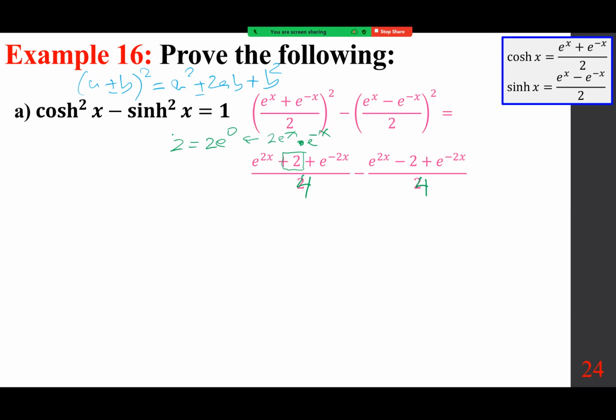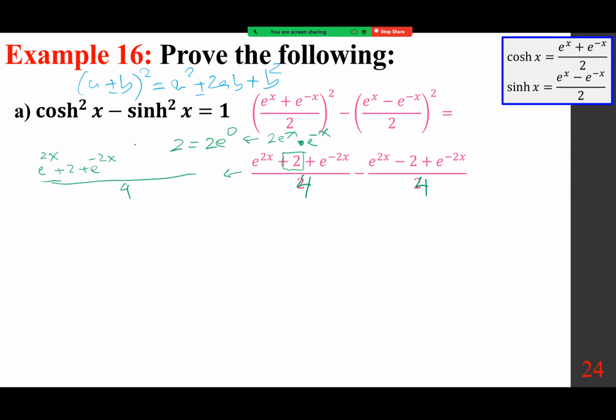Now, if you add those in the following manner, let me just write this with one fraction bar. So we have e to the power of 2x plus 2 plus e to the power of minus 2x.